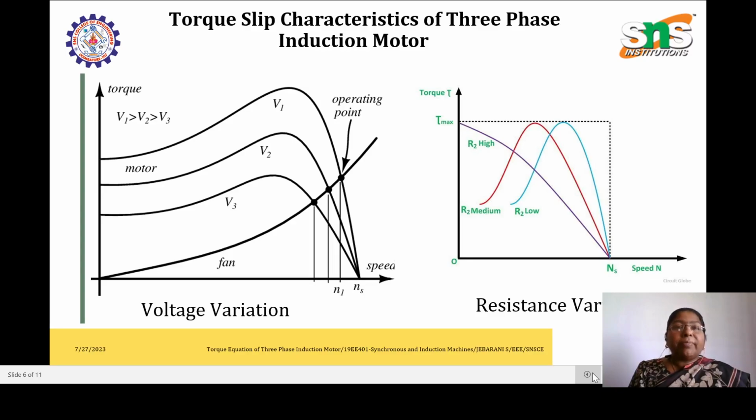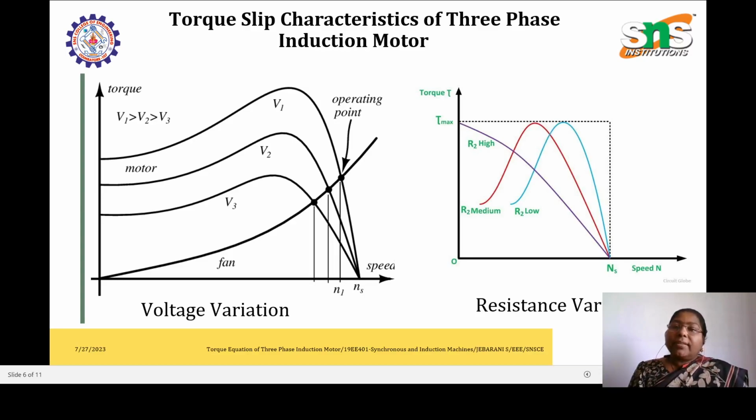So if you take different values of voltage, for example three voltages, V1 greater than V2 greater than V3, for V1 we find the torque developed to be very high compared to the value for V3.